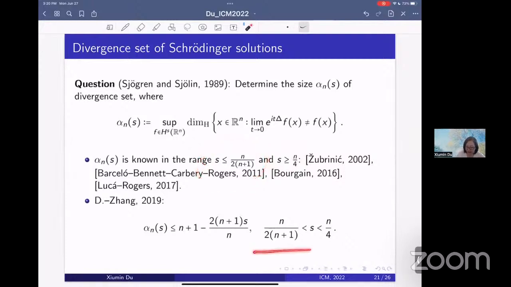Well, for s in between, it's still open to determine the exact value of alpha n of s. And our weighted Fourier extension estimate gives an upper bound here. In particular, when s is greater than this sharp regularity n over 2 times n plus 1, this upper bound is smaller than n plus 1 minus 1, which is n. So alpha n of s is smaller than n. The divergence set has zero Lebesgue measure, and it implies the pointwise convergence.